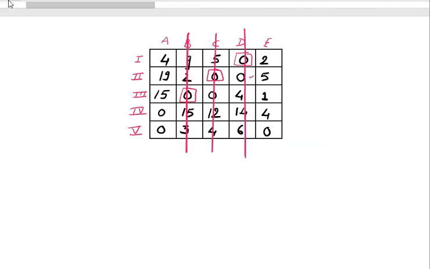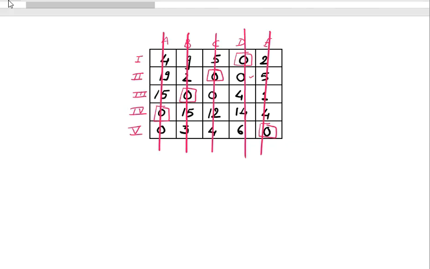In the fourth row again there is a single zero, so use it for an assignment and draw a horizontal line. In the last row there is a single zero, we make an assignment and again draw a vertical line. So how many lines have we drawn? 5 lines. All are vertical lines.